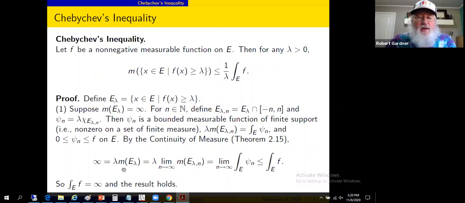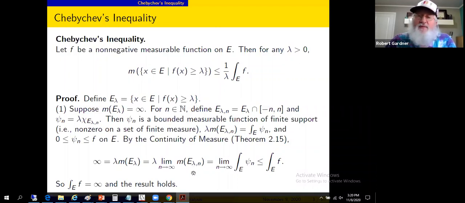So let's see, the measure of E sub lambda is the limit as n approaches infinity of the measure of E sub lambda comma n. The limit as n approaches infinity in these sets produces the E sub lambda set. Limit of this sequence of sets is that set. So the measure of that set is the limit of the measures of those sets.